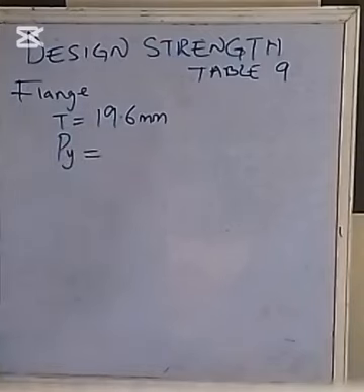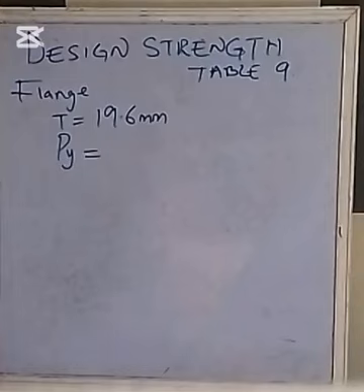Now, if the thickness of the flange is less than 16 mm, it's going to be 275. That's what our Py is going to be. And if the thickness of our flange is less than 40 mm, our Py is going to be 265.